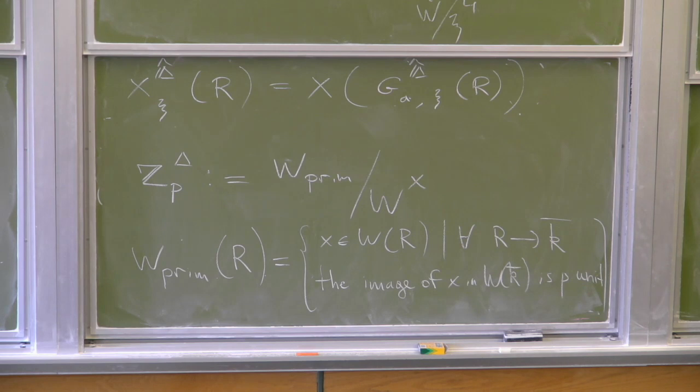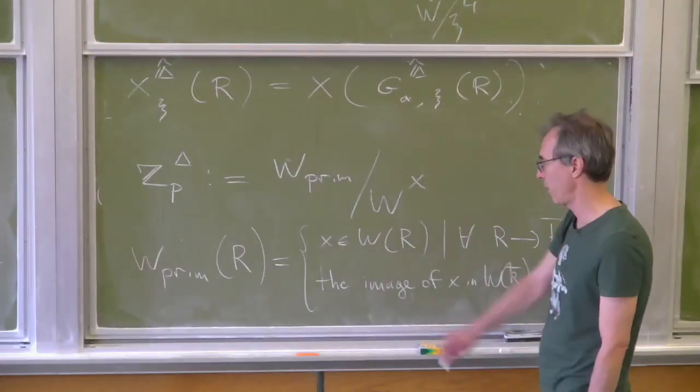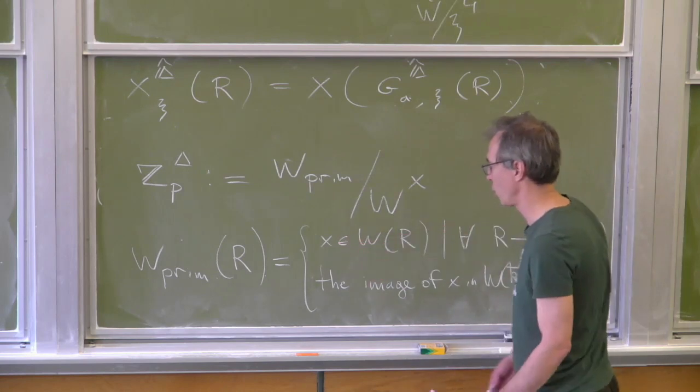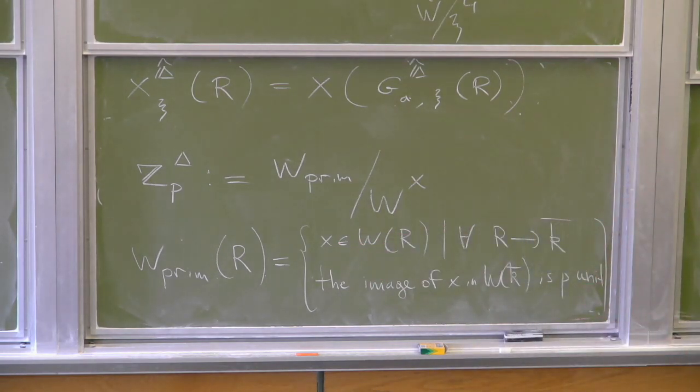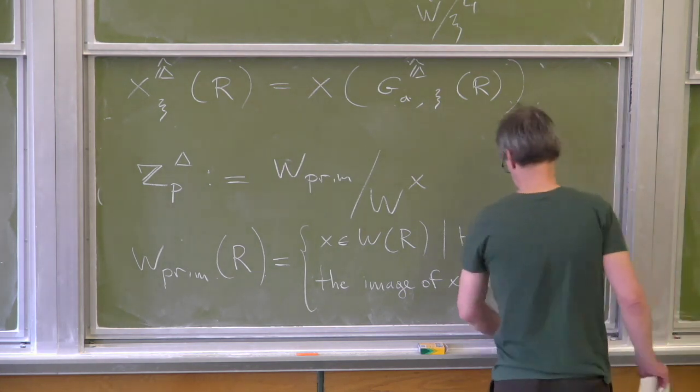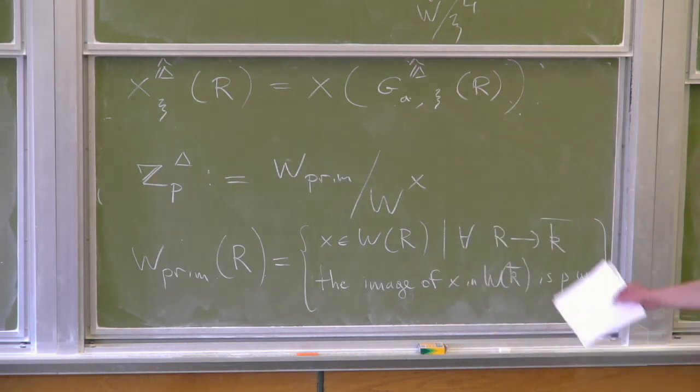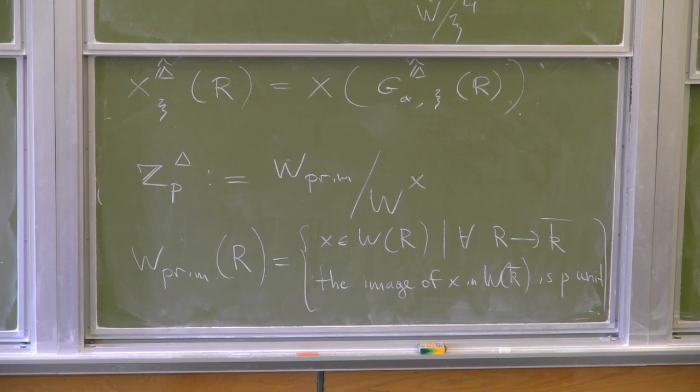This is equivalent to saying that the zeroth Witt coordinate of X is nilpotent, and the first Witt coordinate of X is a unit. And then you have this quotient presentation.